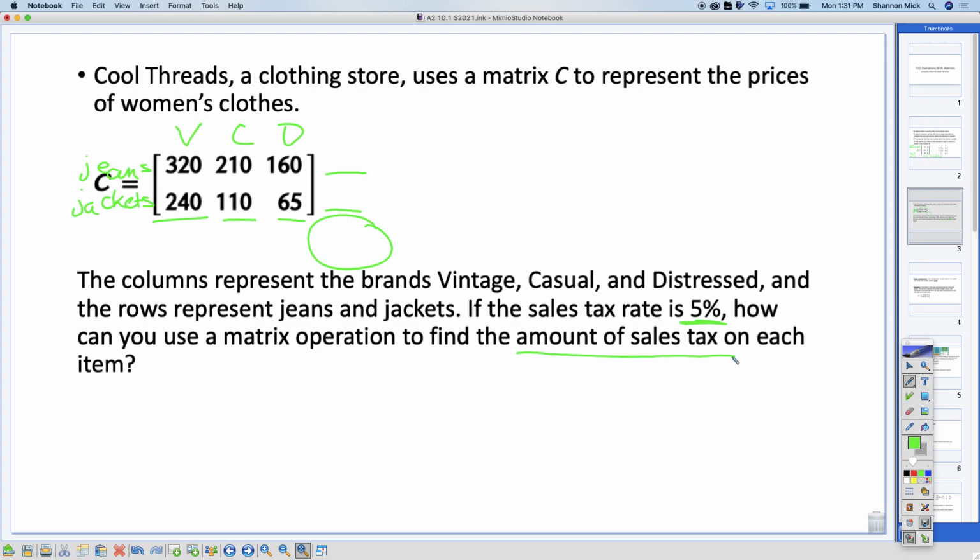So how I show that is I write C, parenthesis, 0.05. So that means I'm going to take 0.05 times all the rows, every single one of the things in there.